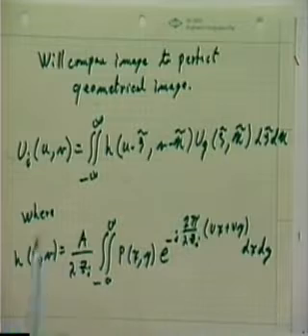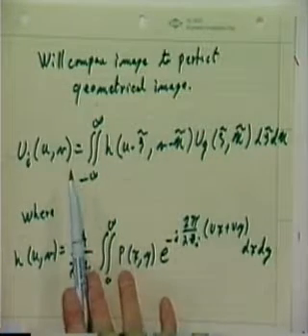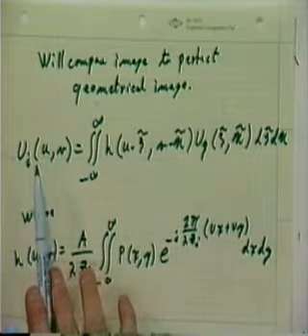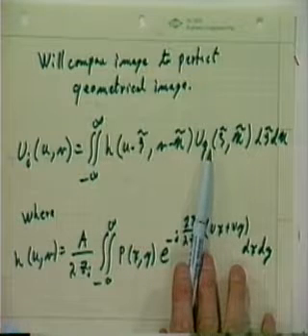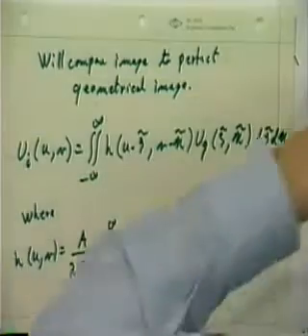Now, we have this image here. What I want to do now is look at the spatial frequency content in the image, and we're going to look at the spatial frequency content in the perfect geometrical image.